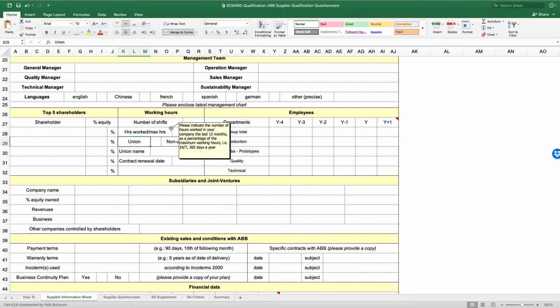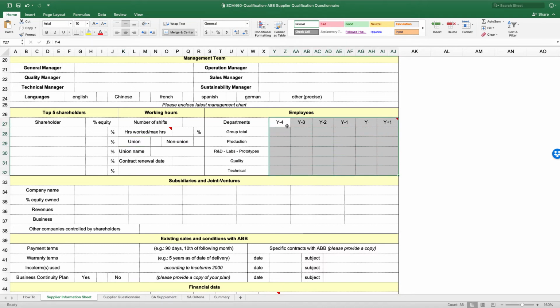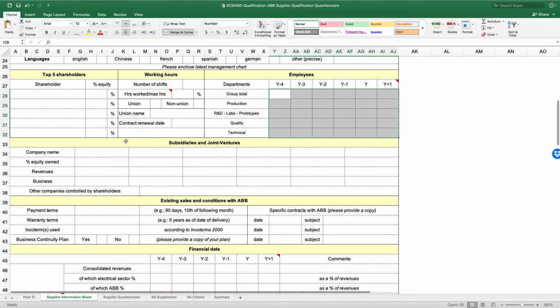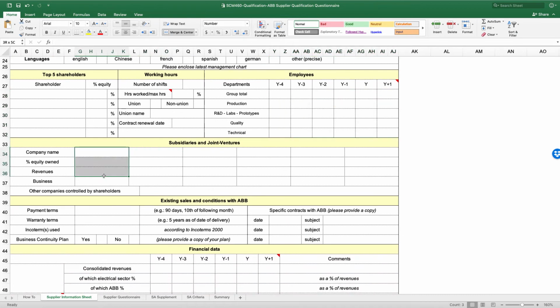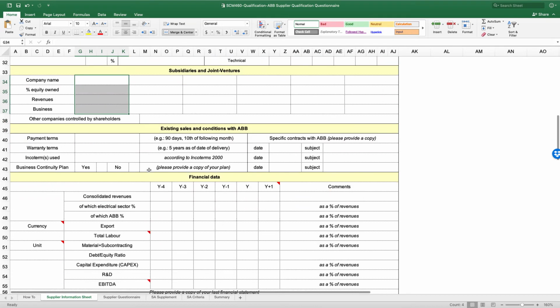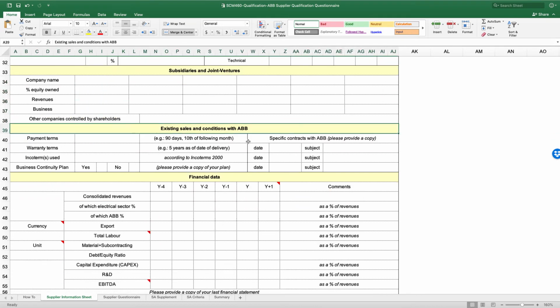Here they tell you what information you have to put: how many employees, whether they are increasing or decreasing during the year, if you have subsidiaries and joint ventures with the name, the equity owned, the revenue, the business, and which are the existing sales and conditions with ABB, since of course this supplier is already a supplier of ABB.